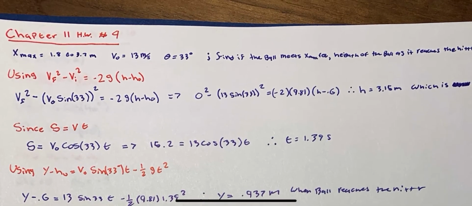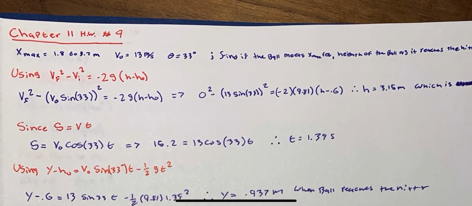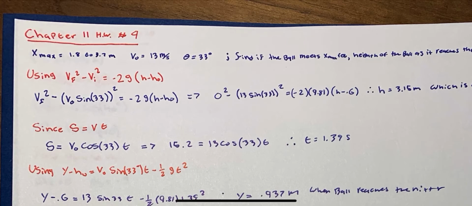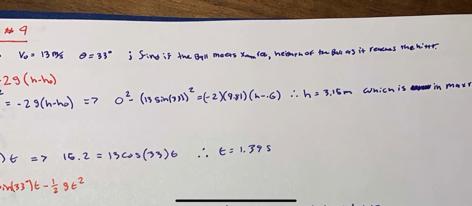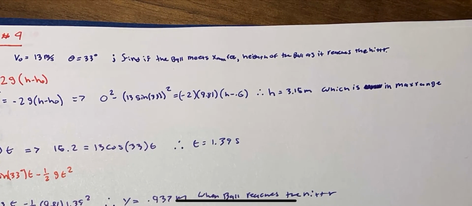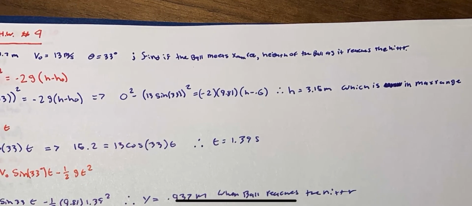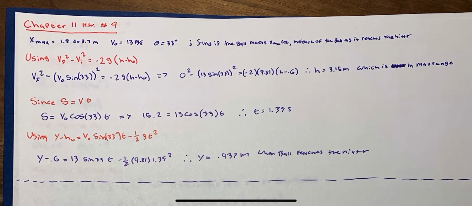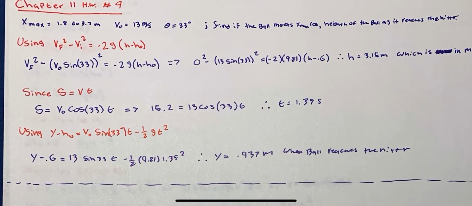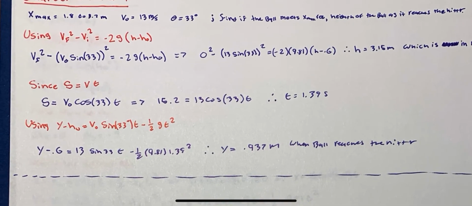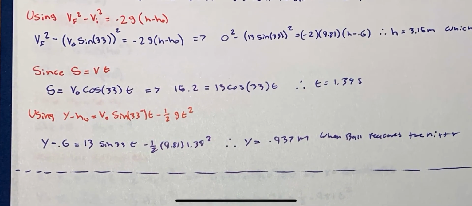And since the initial velocity is V0 sine 33 squared, just plugging in those numbers, we get a height of 3.5, which is in the range. So we're good there. And then a simple position equation. Using the simple position equation, we find that time is equal to 1.39 seconds.